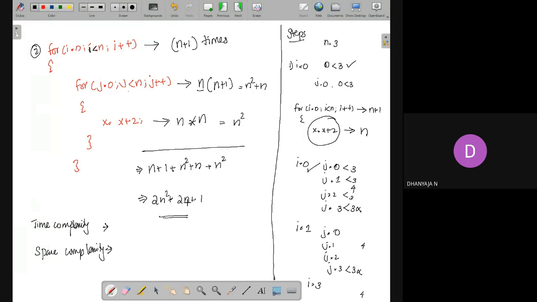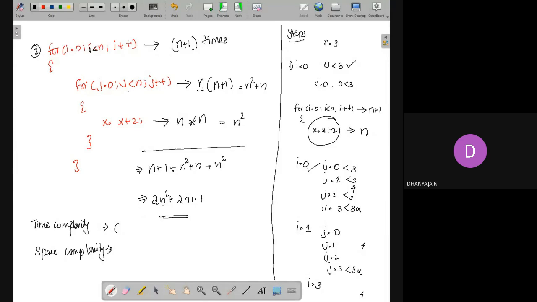What is the highest degree of this polynomial? n square. Okay.